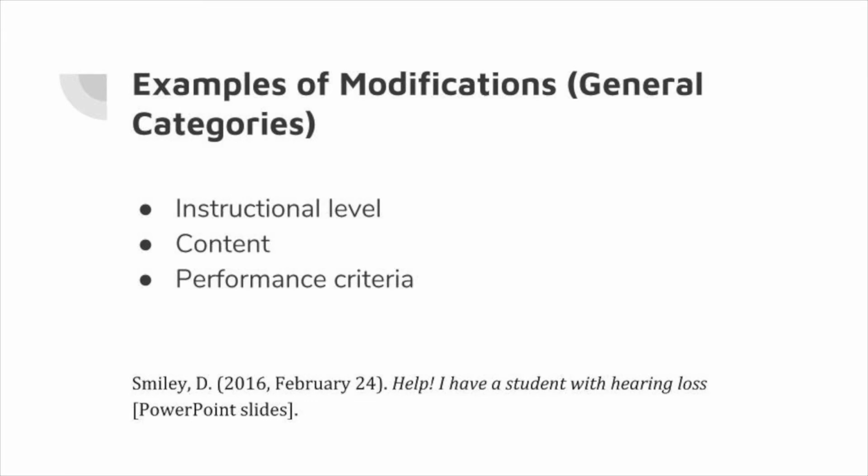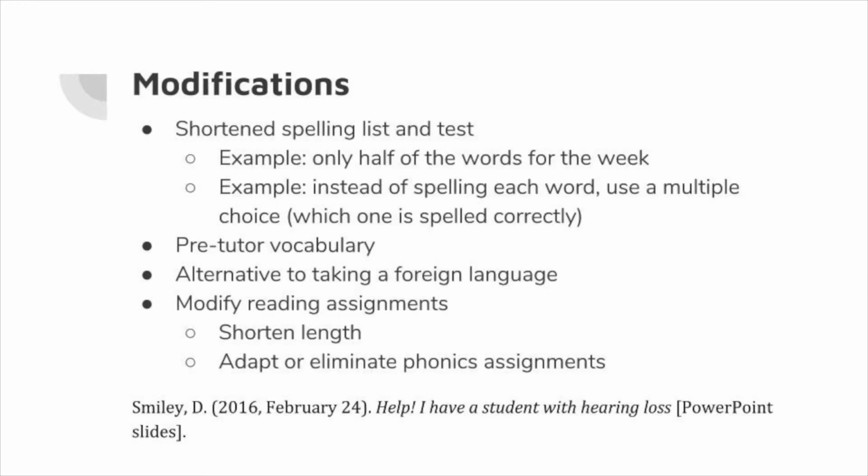General categories that we look at when making modifications would be changes to the instructional level, changes to the actual content, or even changes to the performance criteria. Some modifications that we can discuss would be, for example, a shortened spelling list or a shortened test. You may use only half of the words for the week with this child rather than the full list that you would use for the rest of the class.